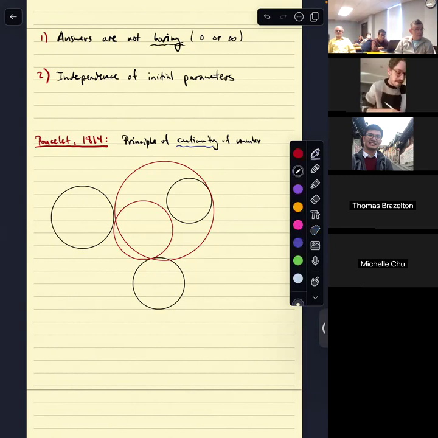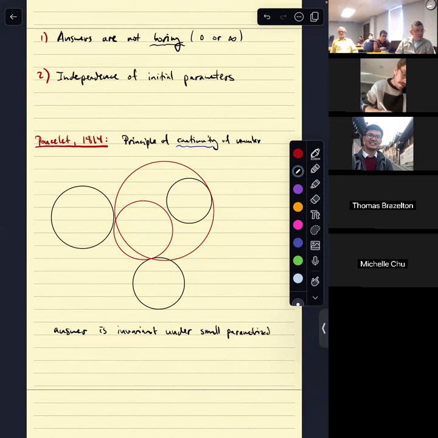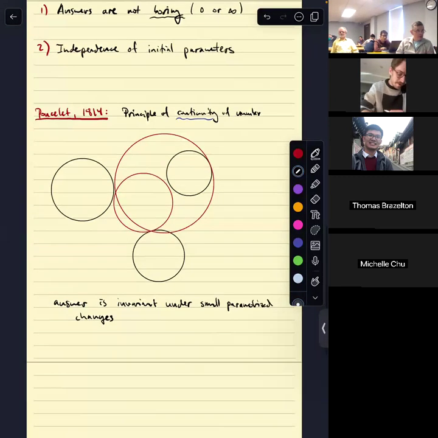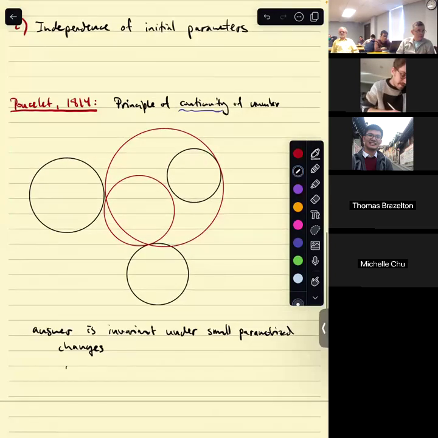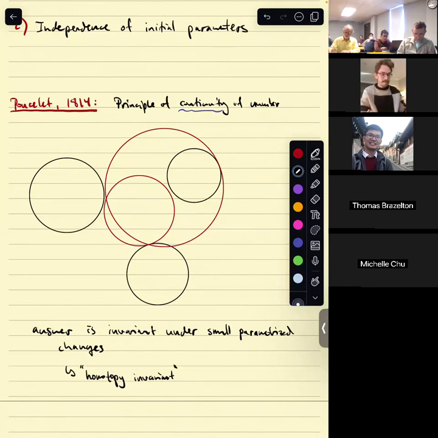So it's this idea that the answer is invariant under small parameterized changes. And we have a more precise word for what this means now. We might say this is something like a homotopy invariant. And I'll put this in quotes because I don't mean this quite as precisely.